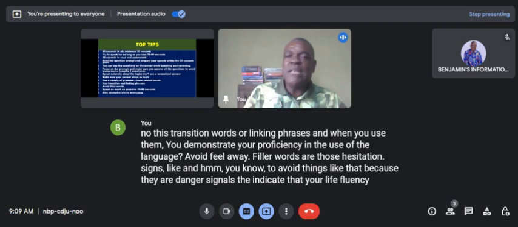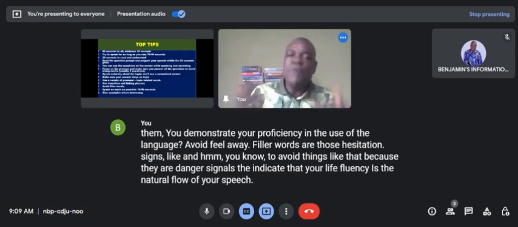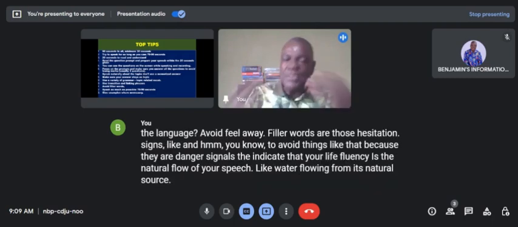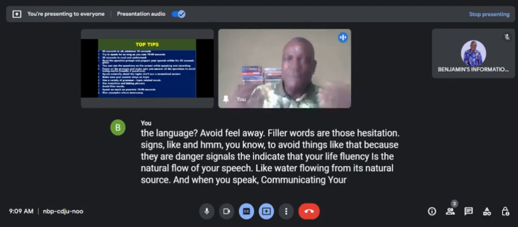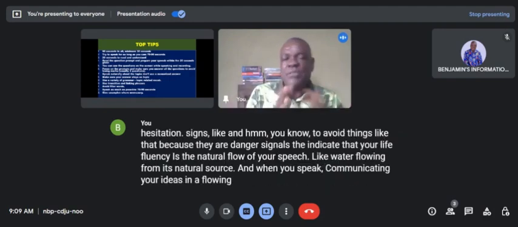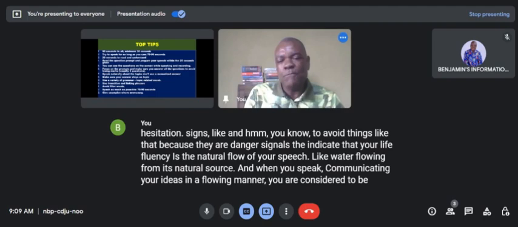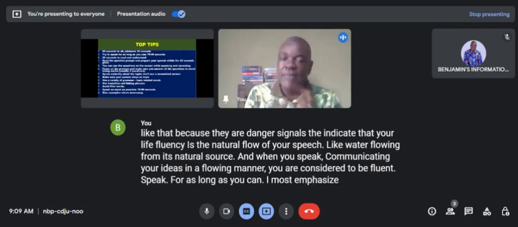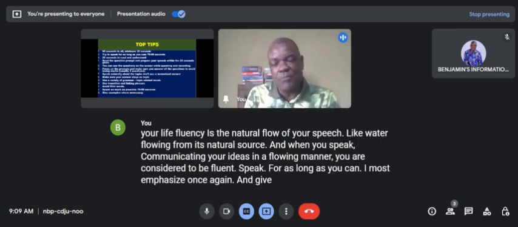Fluency is the natural flow of your speech, like water flowing from its natural source. And when you speak, communicating your ideas in a flowing manner, you are considered to be fluent. Speak for as long as you can. I must emphasize this once again and give examples where necessary.